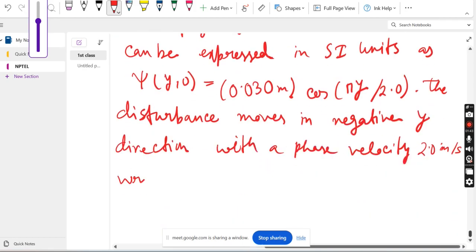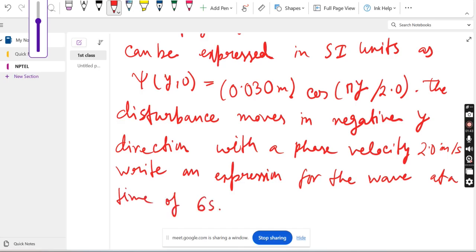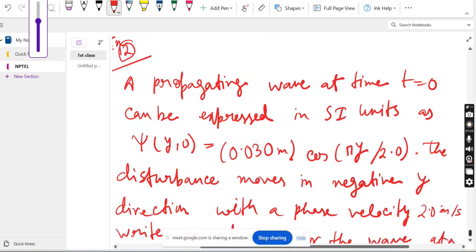Write an expression for the wave at the time of 6 seconds. So basically the wave equation is given.